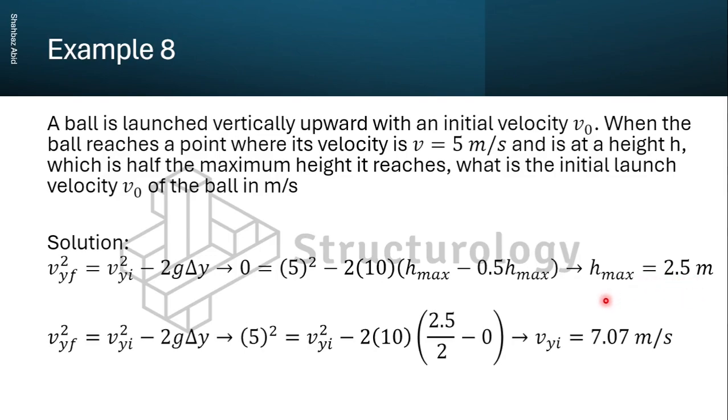Now we can utilize the maximum height, which is 2.5, in another equation of motion from which we can get the initial launch velocity v0 of the ball in meters per second.